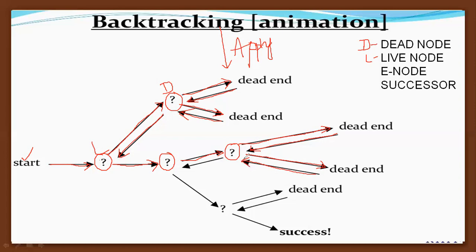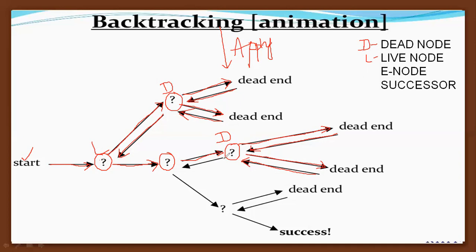Finally I reach a node where I am not getting any solution. There is no provision of extending the solution to the given node, so I consider this node also a dead node. So there are two dead nodes found here.